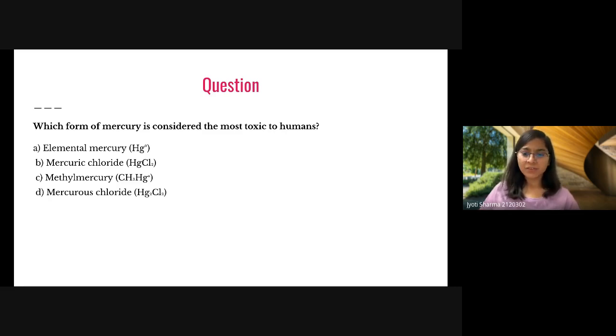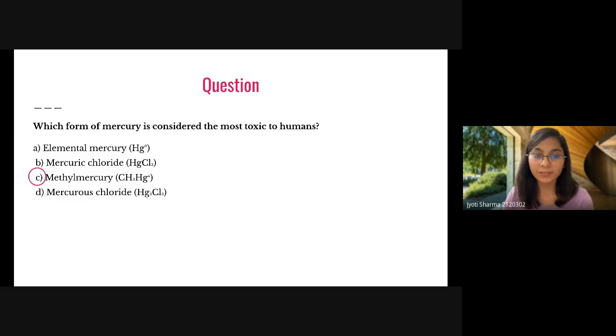A very simple and very straightforward question, asked every time in the NET environmental science paper, like which mercury is more toxic to human. Any guess about this? Which mercury form is most toxic to human? So the answer is methyl mercury.